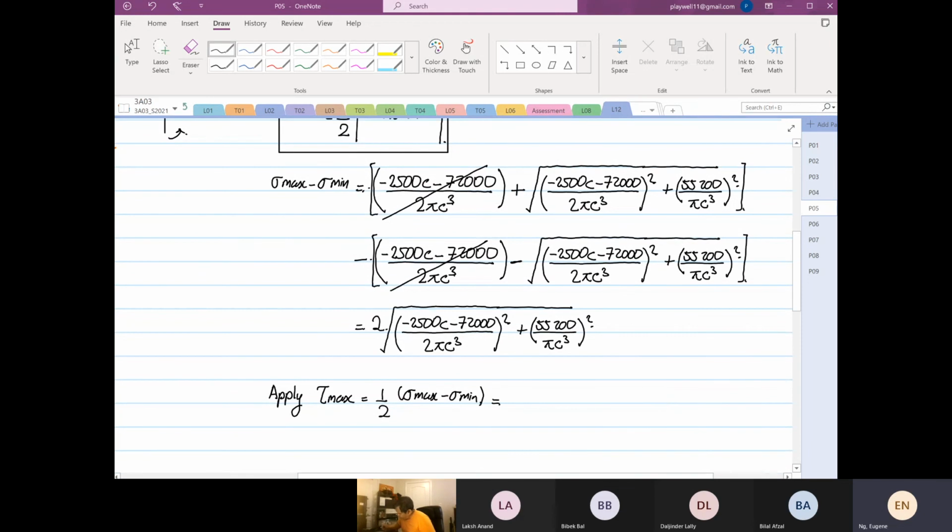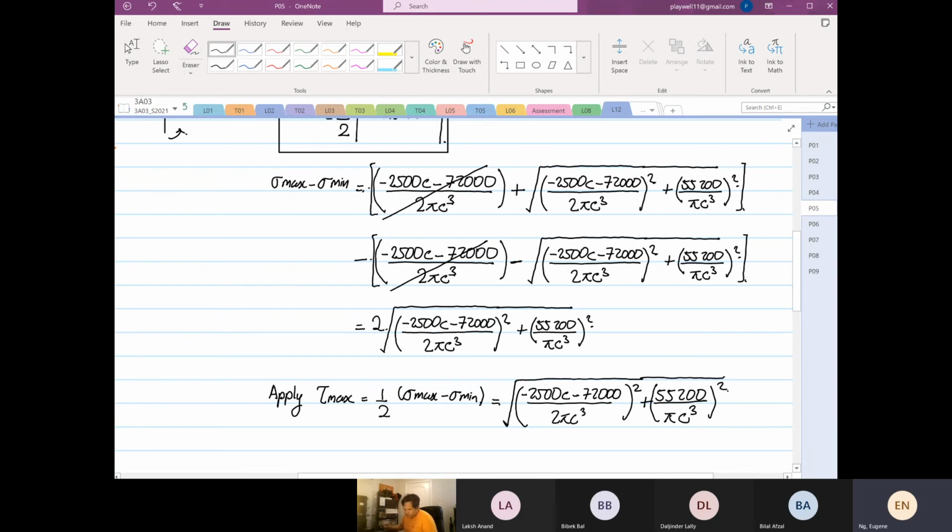So at the end of the day, this will be equal to the square root of (minus 2500C minus 72,000) over 2 pi C cubed, squared, plus 55200 divided by pi C cubed, also squared.